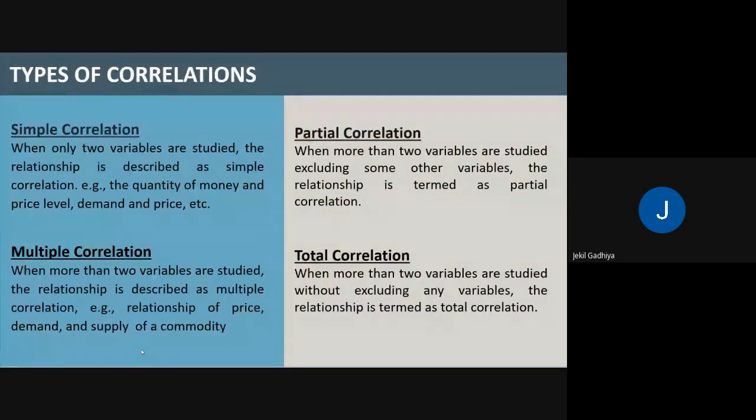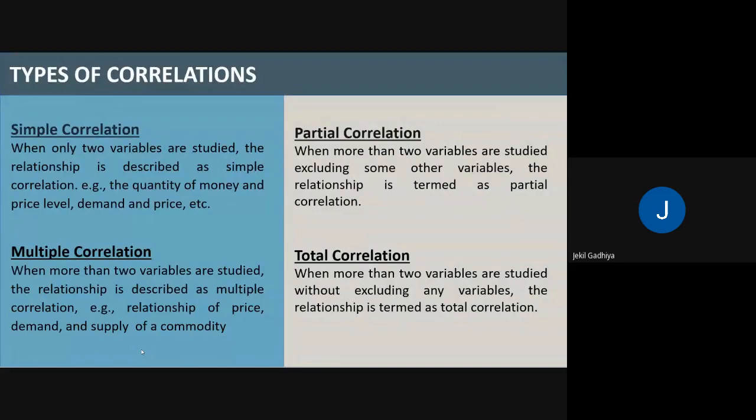Whereas in total correlation, we include all these variables and study the relationship on each and every one. So the major difference is that in partial we studied only two, excluding the others, whereas in total we studied each and every variable.